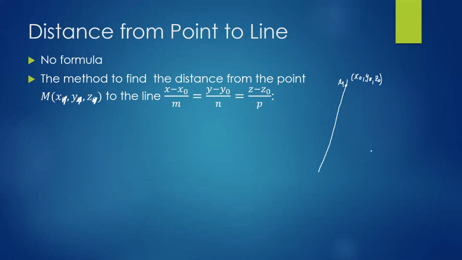We have some other point. This is not point M, we will call it P. From this other point, I'm sorry, I did a copy paste and I forgot to change the names of the points. So from this other point, somewhere not on the line, now we need to find the direction.